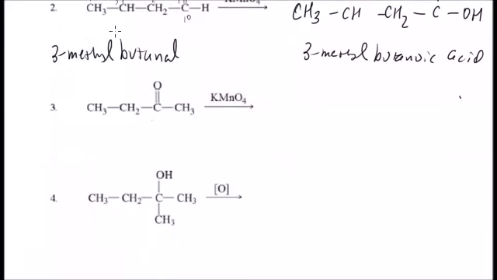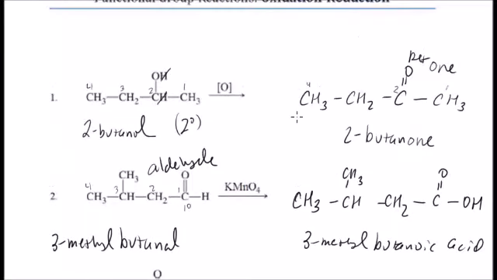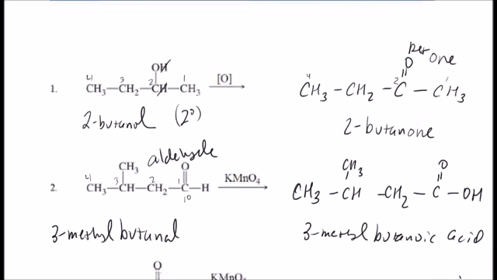Let's look at number 3. What do we have here? Ketone. 1, 2, 3, 4. So this is going to be a butanone, 2-butanone. Okay. Which is really what we had as our product in step 1. So an alcohol oxidized to a ketone.